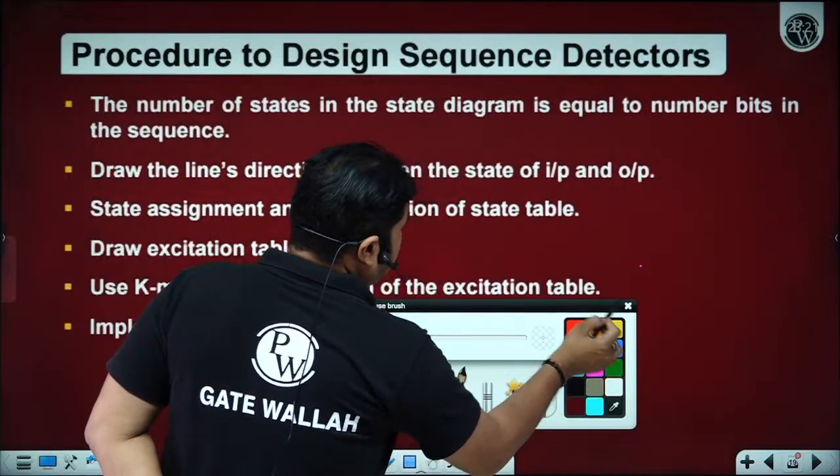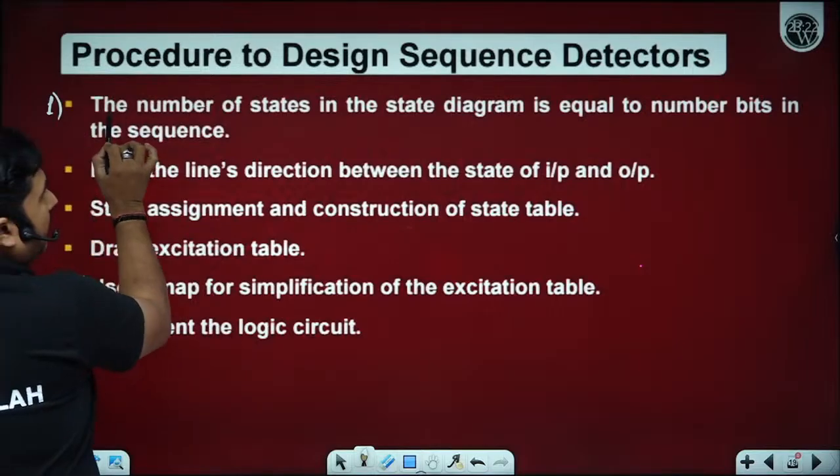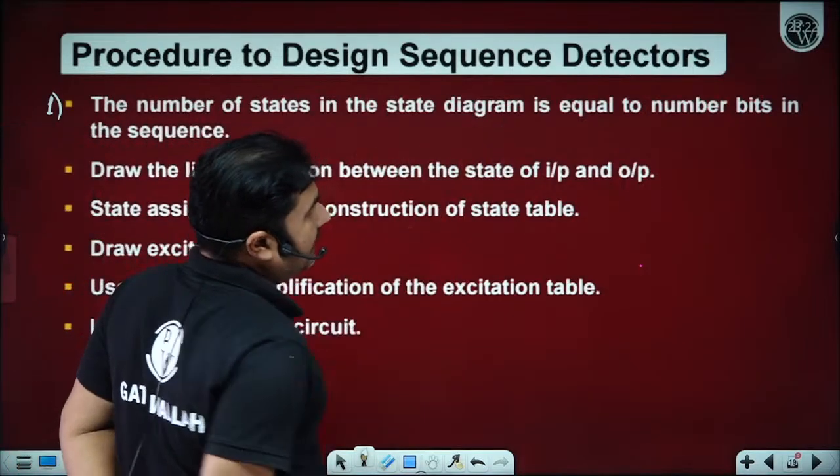Step 1: find the number of states in the state diagram.